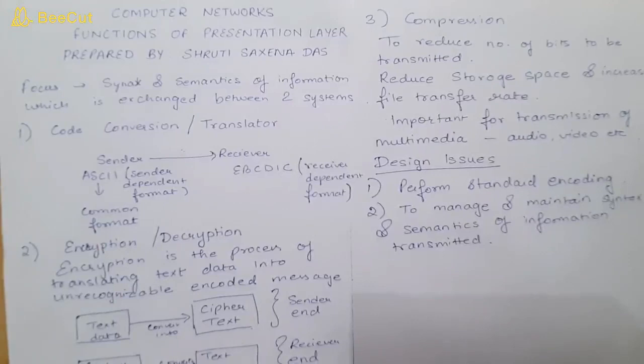Syntax and semantics means how you are going to send, which cryptography technique and which algorithm you are going to use for providing encryption. Then after encryption, you need to focus on compression also, that if the size is large, then you need to provide compression techniques. So we need to manage syntax and semantics of the information which we are going to send.